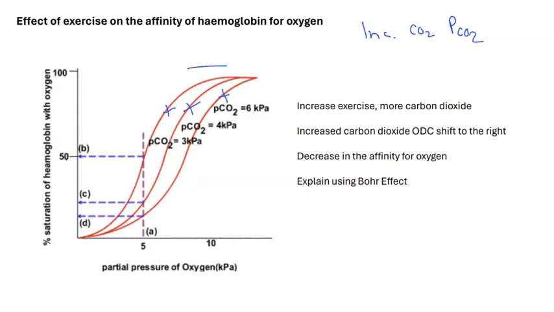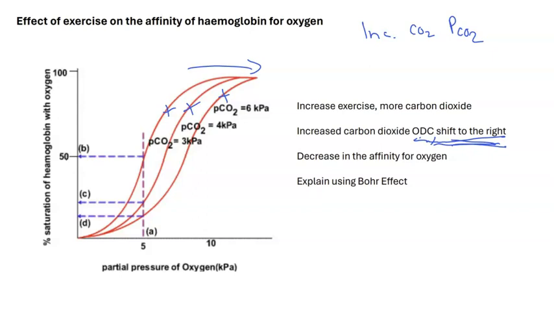The concentration of carbon dioxide is increasing. When this occurs, the curve is shifted to the right. This is a classic phrase that you should use in your examination. What is the effect of carbon dioxide on the oxygen dissociation curve? Answer, it shifts to the right.